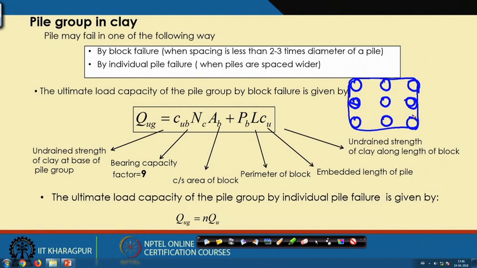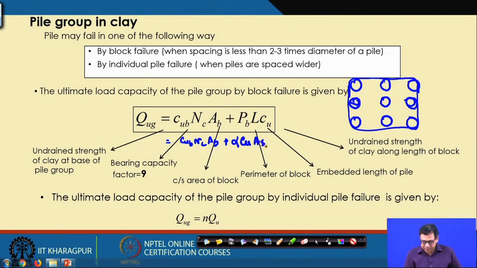Okay. So, in such case our load carrying capacity is same as Cu base Nc into Ab plus alpha Cu into As. Okay.